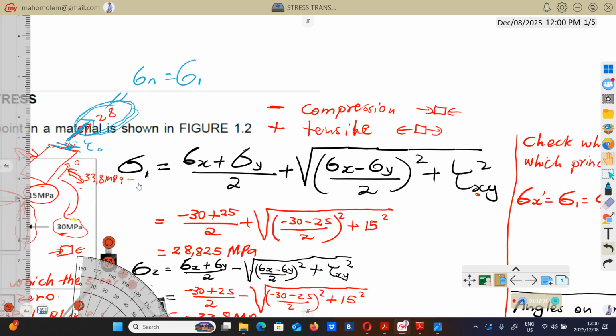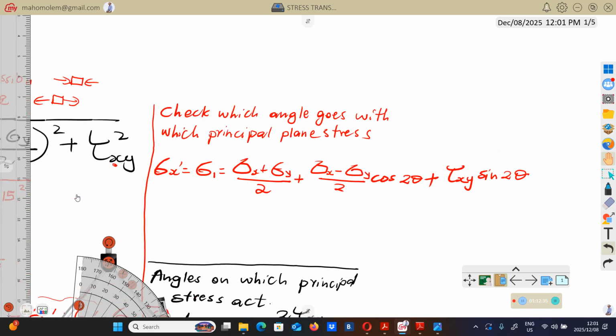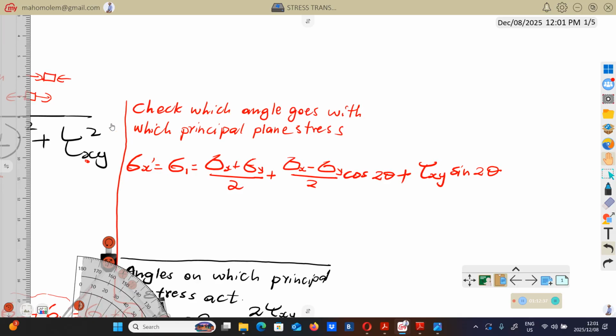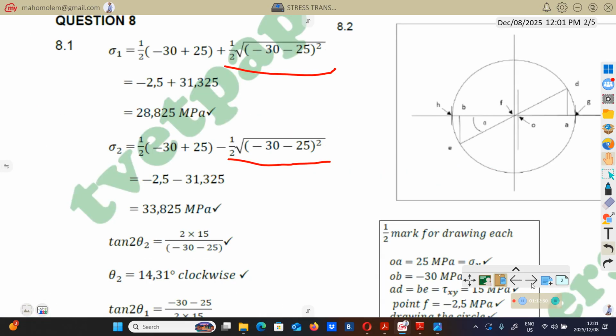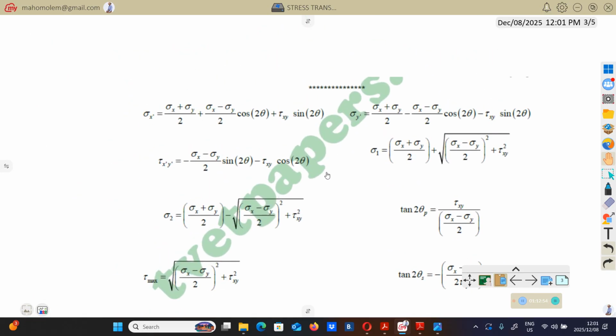It is because of that reason I've mentioned. You can always calculate principal stresses, but when you want to check which angle goes with which stress, then you come to this formula of normal stress. You will get this formula from the formula sheet. Here's the formula sheet.